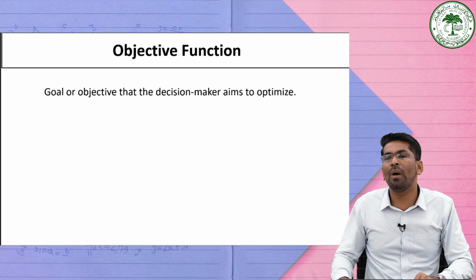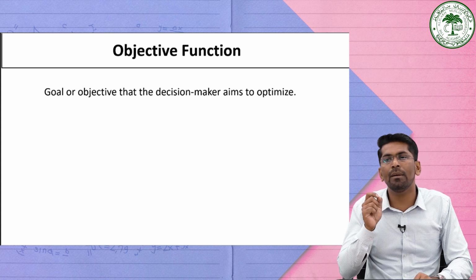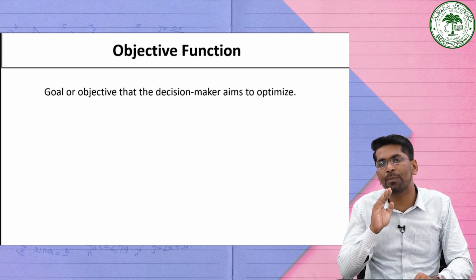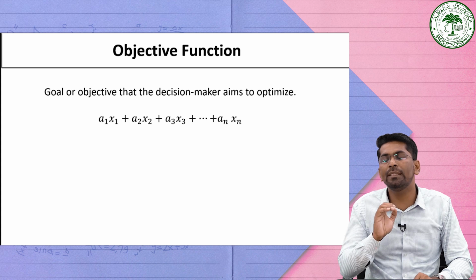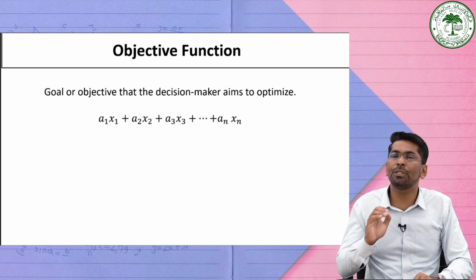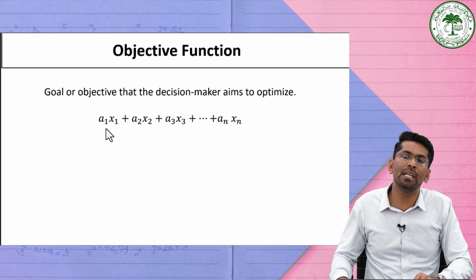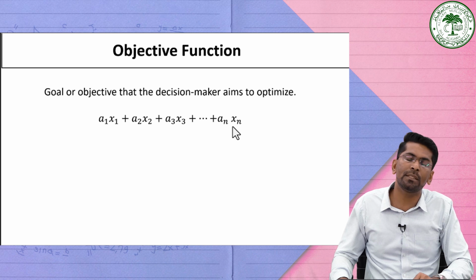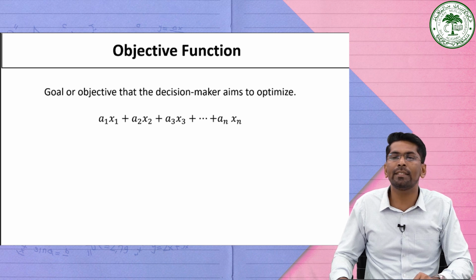The objective function is generally expressed in a linear form, which means that the mathematical expression of the objective function is generally in the form of a1 x1 plus a2 x2 plus a3 x3 plus up to an xn.